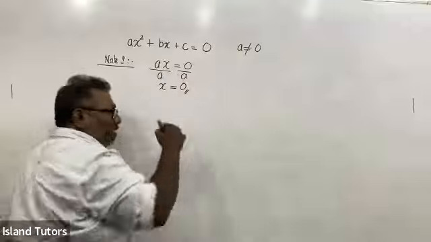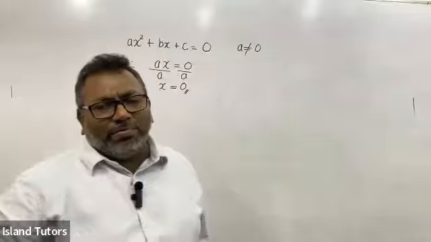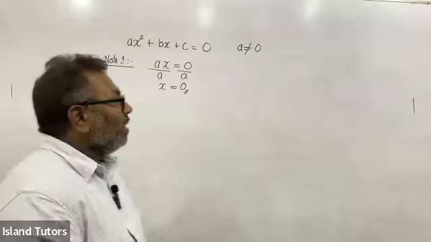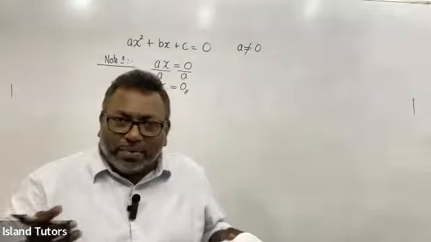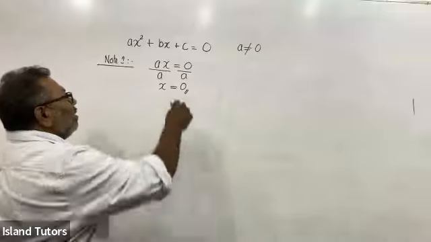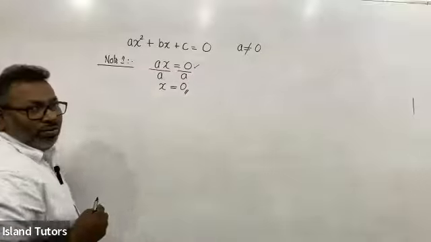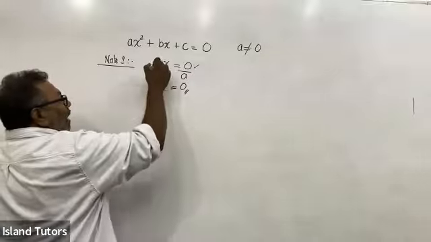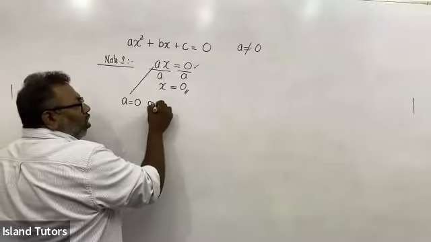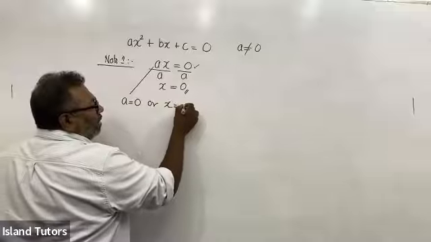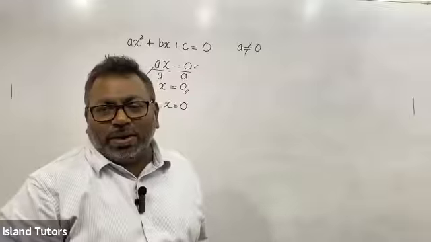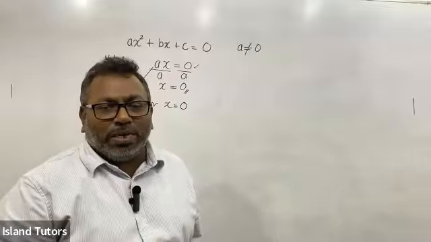Why? Because 0 divided by any number is always going to give you a 0. Likewise, if you multiply any number by a 0, then you're always going to get a 0. So here, either a is going to be equal to 0 or x is going to be equal to 0. Either one of those terms will always be equal to 0.